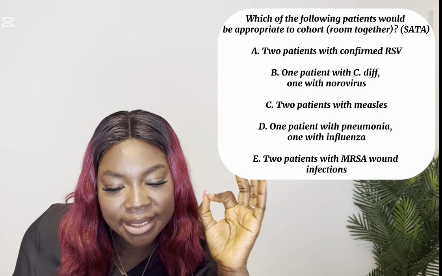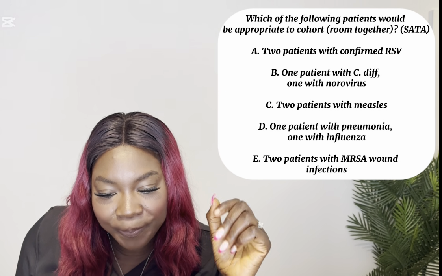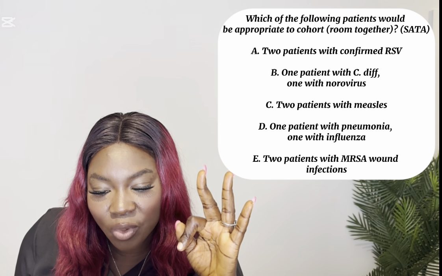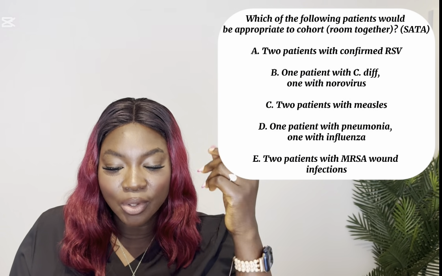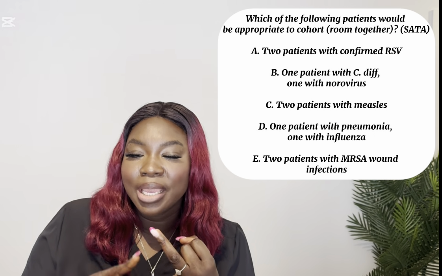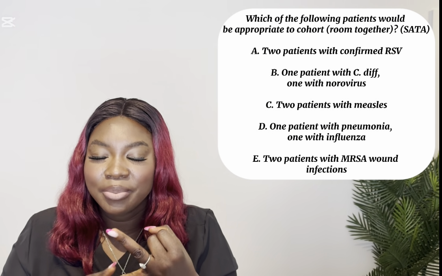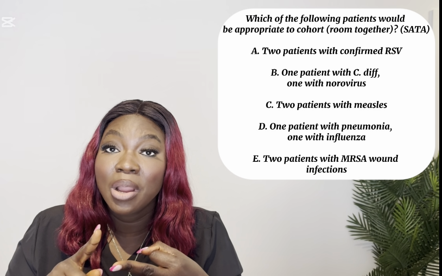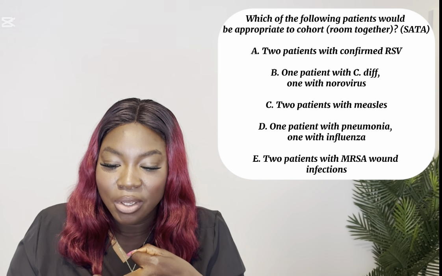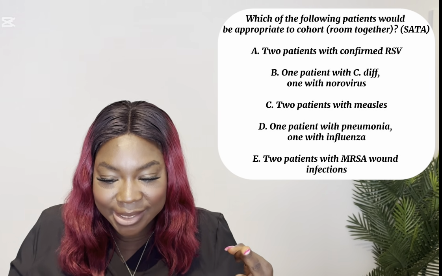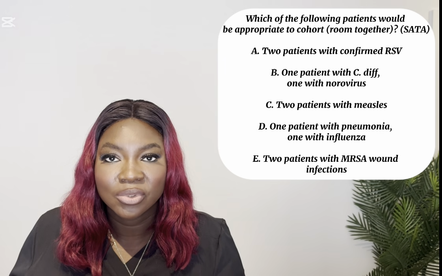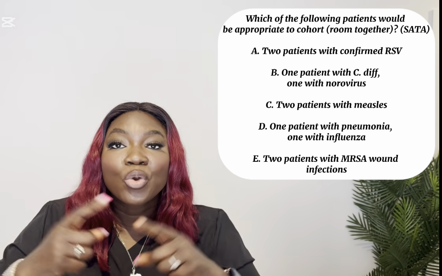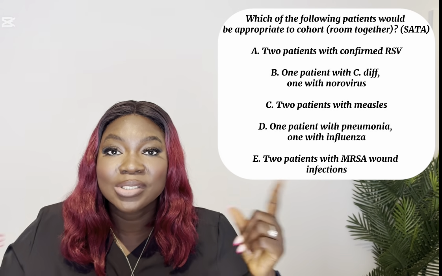Now, D, one patient with pneumonia, one patient with influenza. They still have different pathogens. Now, pneumonia can be viral, can be bacterial. It's an infection. It can be bacterial infection, viral infection, fungal infection. So you don't know which one it is. And one with influenza is a viral infection. So they have different pathogens. There'll be cross infection, cross contamination.